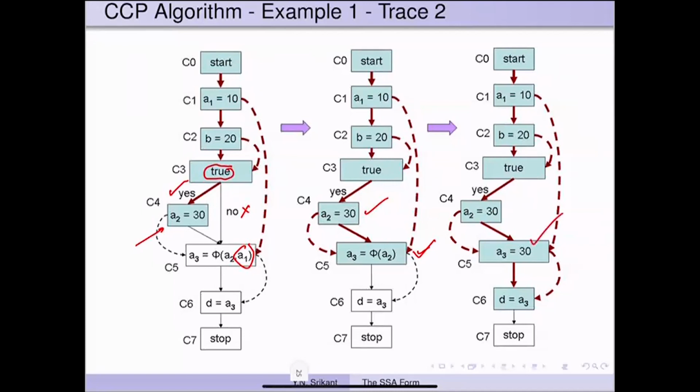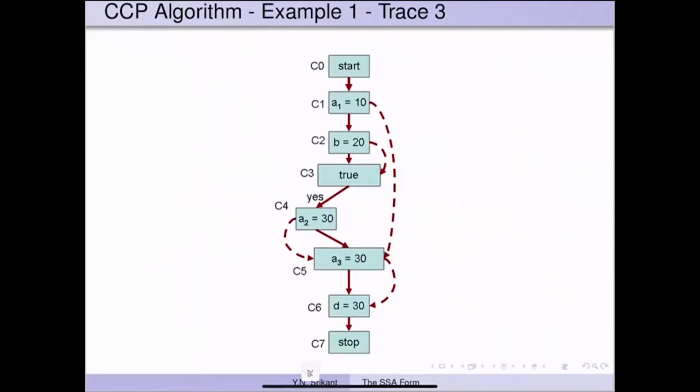So this becomes A3 equal to 30. Finally, we have D equal to A3. So the constant values propagate, and we use appropriate tables to keep these constant values. So after the constant propagation and folding happen, this is what we get.